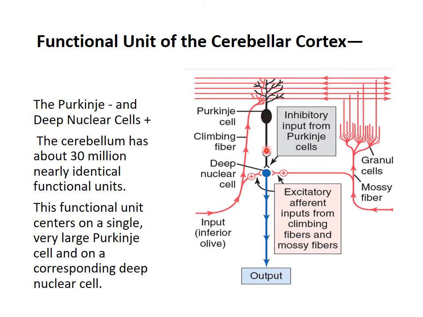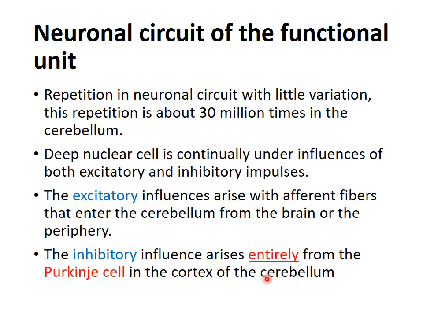They send inhibition to the deep nuclei, and by the balance of these two stimuli, the excitatory from the peripheral side and the Purkinje cell inhibition, the output of these two, positive and negative, descends down and forms the output.